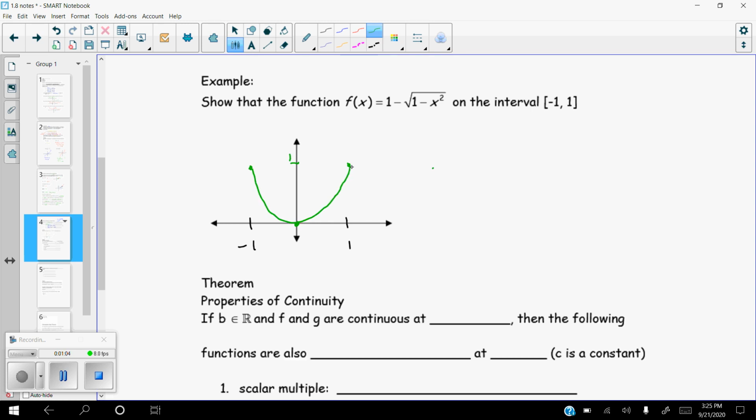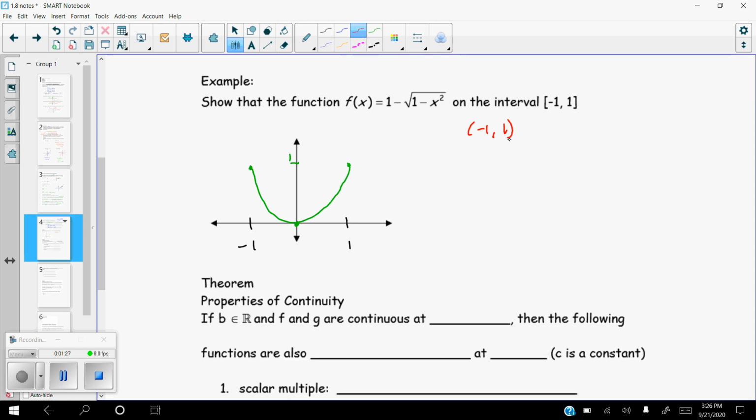So notice that what we have is a closed interval. In order for you to actually be able to show the continuity of this function, you would have to show, first of all, that it's continuous everywhere on the open interval from -1 to 1. Basically, you would have to show that everything in between the two endpoint dots is continuous.